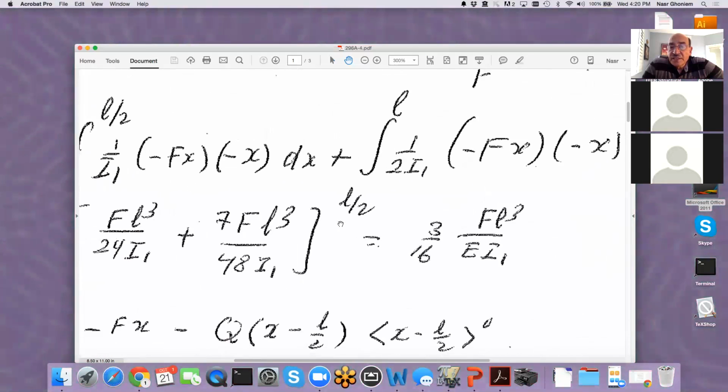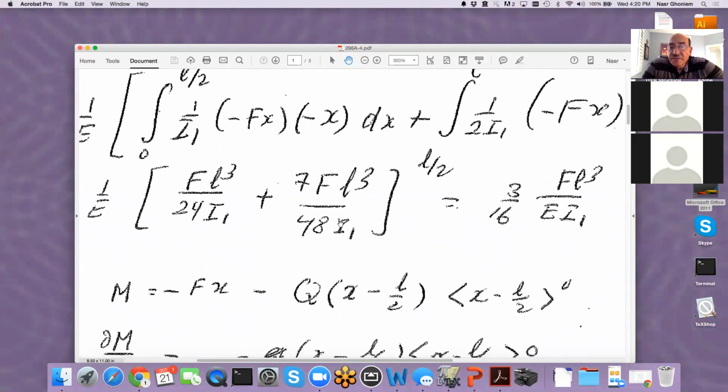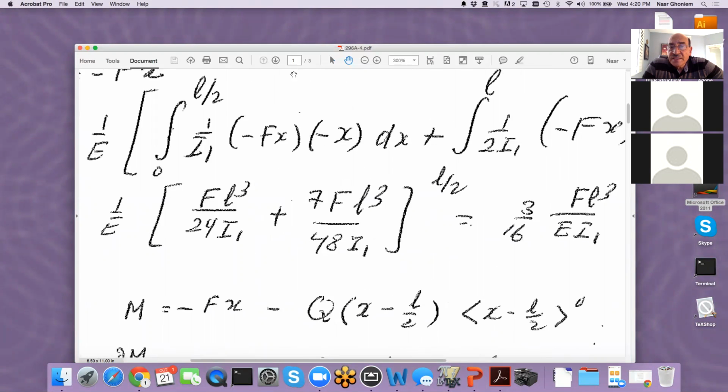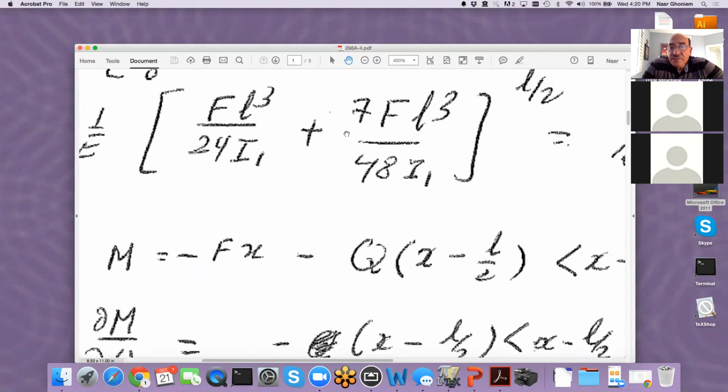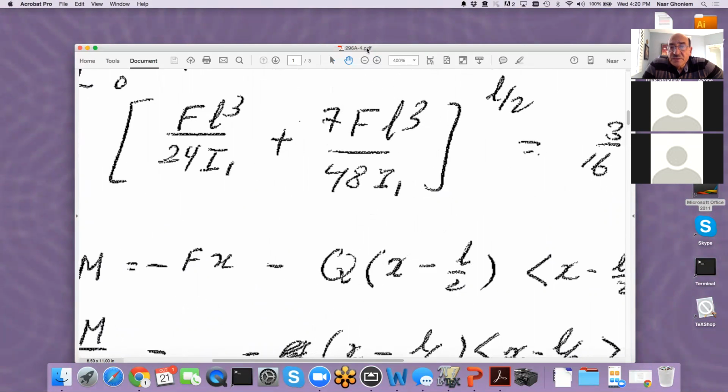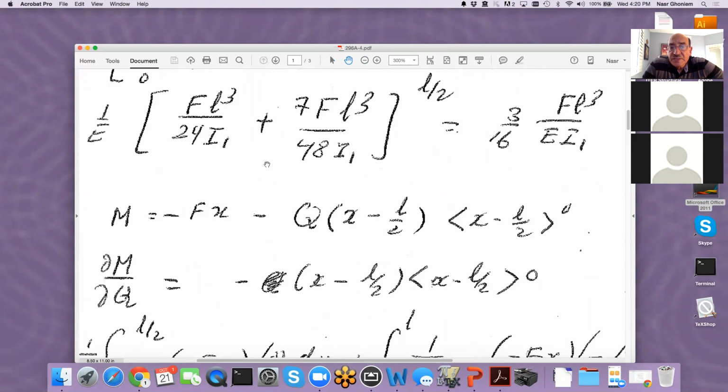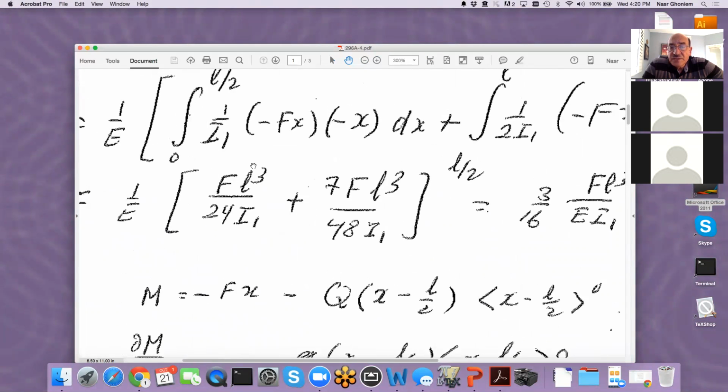So if you look here now, the final equation, we can write it now. Once we understand these principles, we can write it in a simple way directly, even without starting from the Q equation, in one term. So we have M equals minus F times x, because this is the value of the delta function at x equals 0.